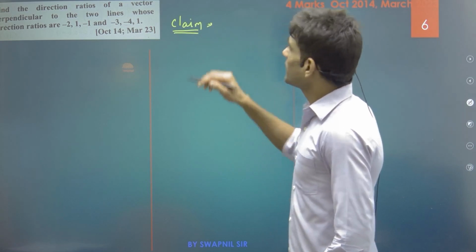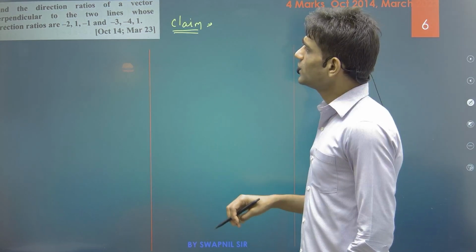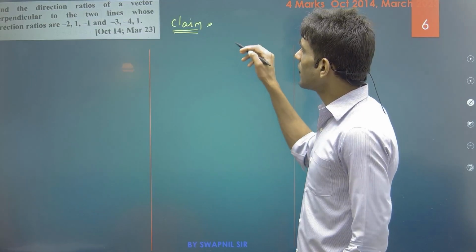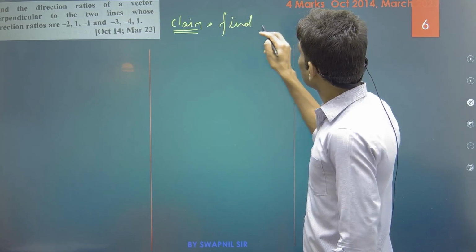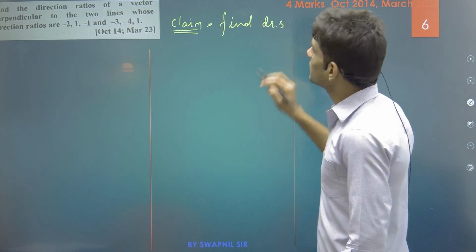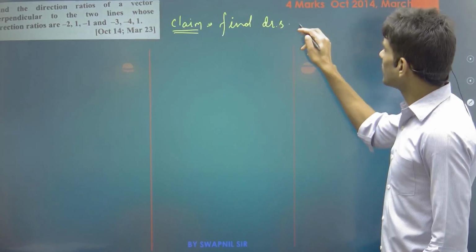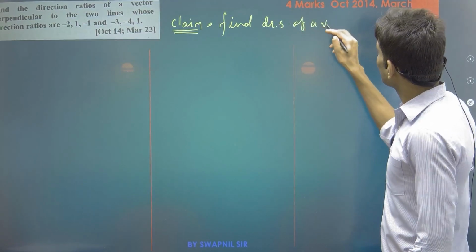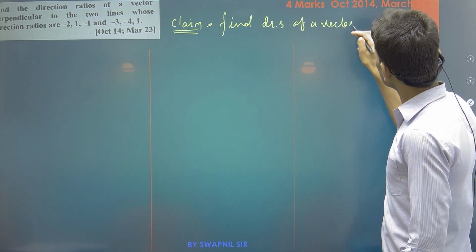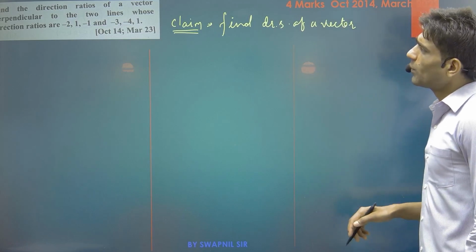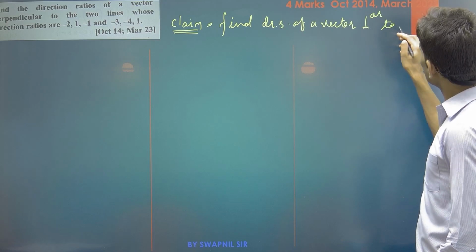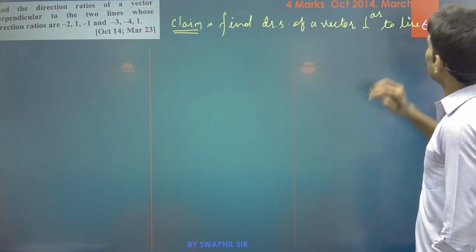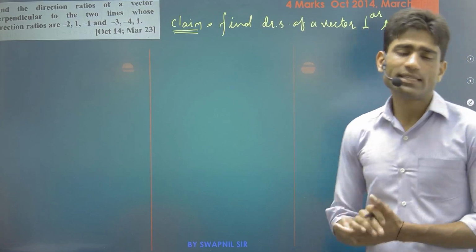Our claim says: find the direction ratios of a vector perpendicular to the line. So this is the condition. We have to find it out here.